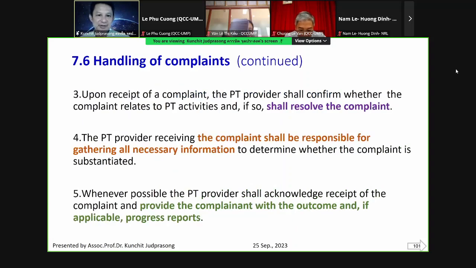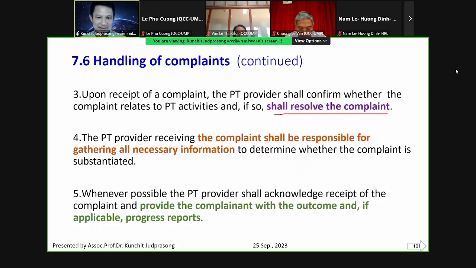Upon receipt of the complaint, the PT provider shall confirm whether the complaint is related to the PT activity. If so, shall resolve the complaint. So if the lab complains, let's say, about the lot of parking cars, there is no need to take any action. We take action only on what concerns the PT activity.